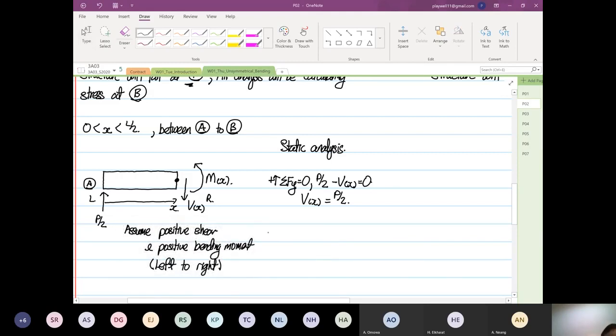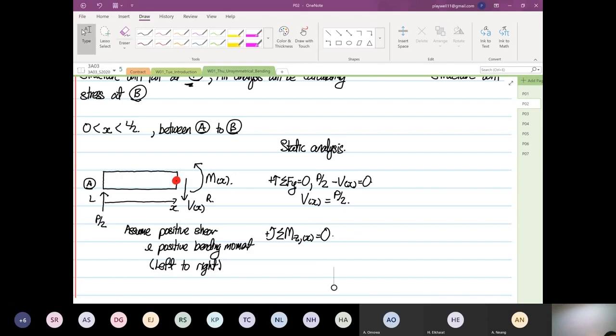Okay. So if we were to draw our bending moment equation, now we are going to do summation about moment in the z direction anywhere at point x. So where we are taking our moment is at this red dot I'm drawing now. Can you see where the red dot is? Okay, that's where we are taking our moment.